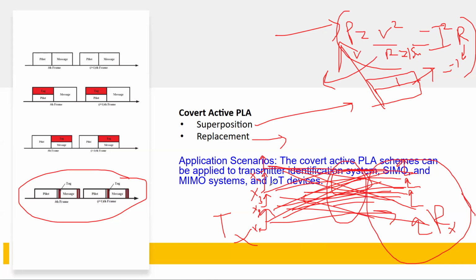Because at the end of the day, I want my X1 to be received by the first antenna here, my X2 by this antenna, my X3 by this, my X4 by the fourth antenna at the receiver. But because the wireless medium is not confined, I don't have a cable that can connect them directly. I'm sending them over wireless, over the air, not through a cable.